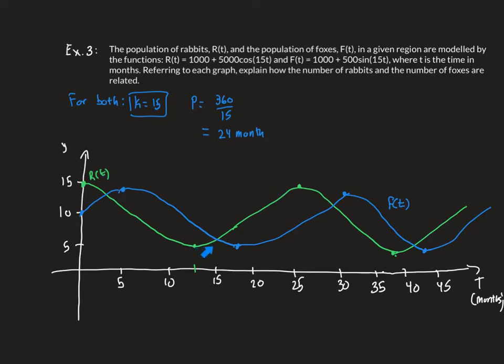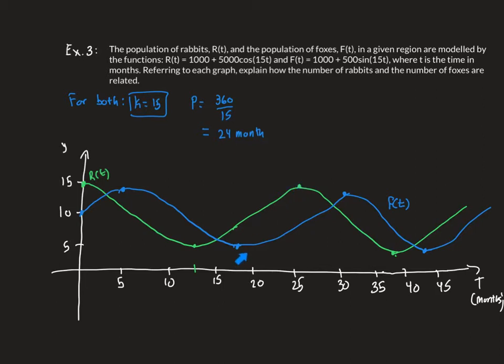And then they start to rise again, as there's now fewer foxes to eat them. So you can see there's fewer foxes to eat them. Okay? As the rabbit population increases, what do we then notice? The food becomes plentiful.